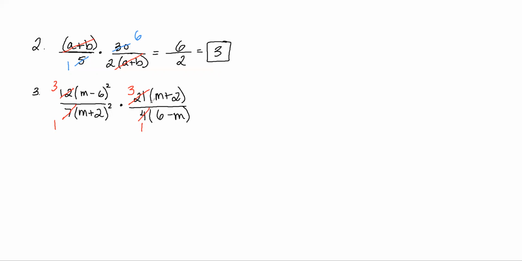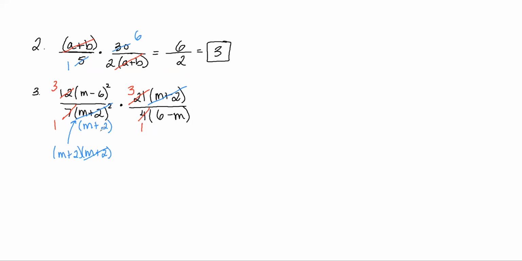So I can cancel out 1 m plus 2 from the top and 1 m plus 2 from the bottom, but we're still left with 1 m plus 2. So we had 2 of them, we got rid of 1. You can always write that out as m plus 2 times m plus 2 and cancel it out that way if it makes a little bit more sense to you. But either way, we're left with 1 of them.